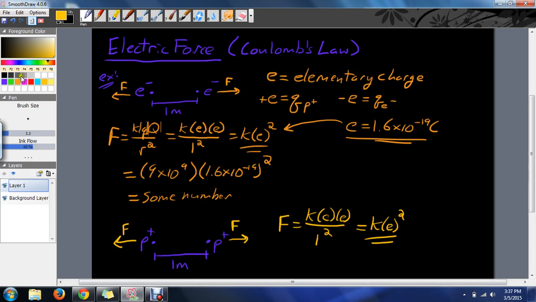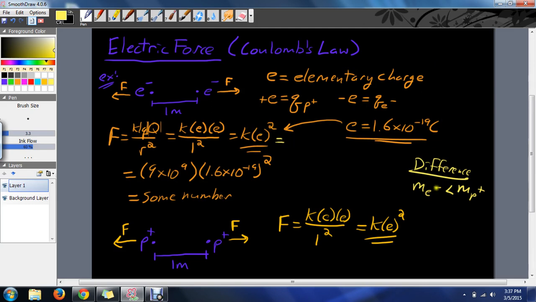So what would be different? Well, of course, the difference between a proton and an electron is mass. So the mass of an electron is much less than the mass of a proton. So for the electron, when we set this equal to, what are we going to set it equal to, guys?